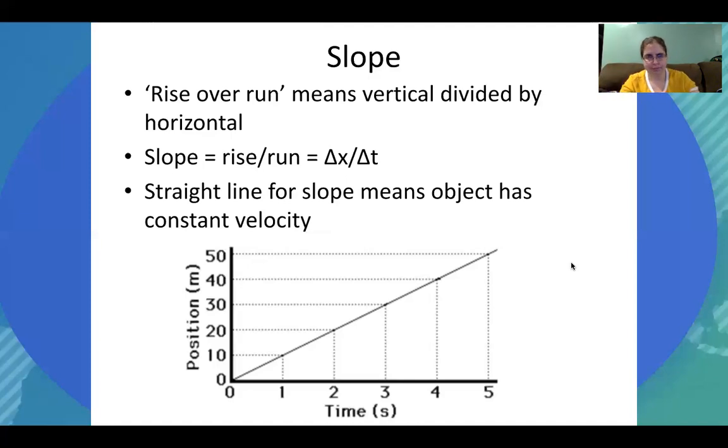If you start seeing it bending, and maybe here it doesn't keep going straight, it goes upward, that means you would have a sharp increase in your velocity. If it's more like that, then it would be a decrease in velocity.